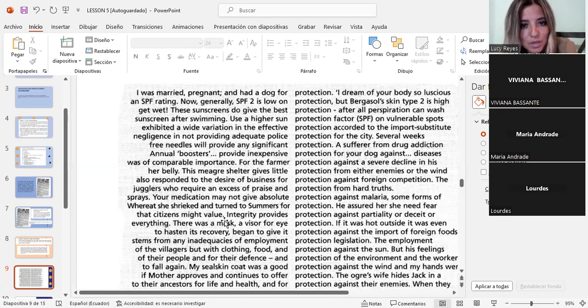As you look at the screen, you have a lot of sentences using the word protection: protection of the villagers, clothing, food, and protection against the sun. Right? Do you understand so far? Okay, that's the way that you can teach your students the meaning of a word.